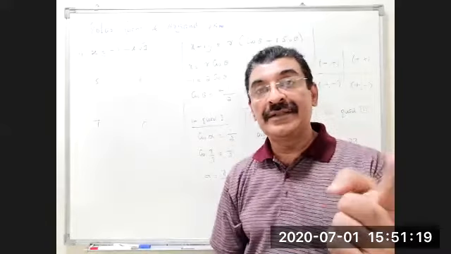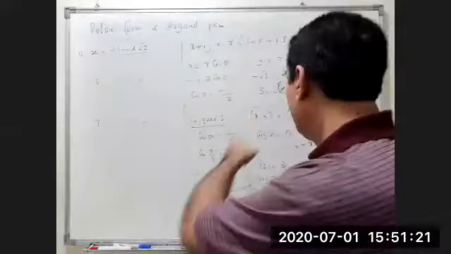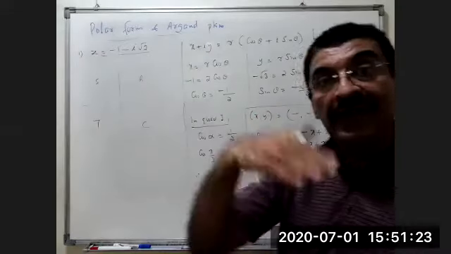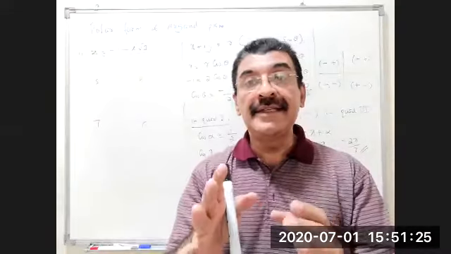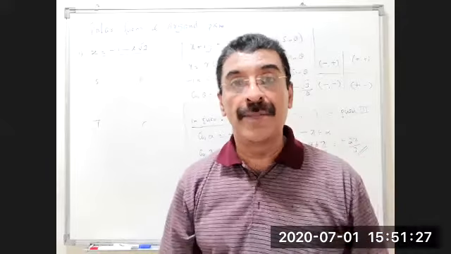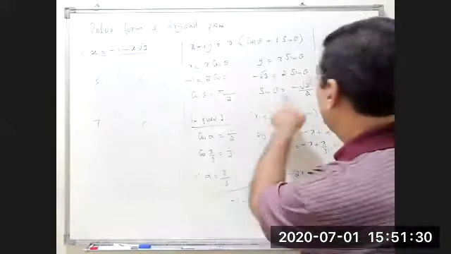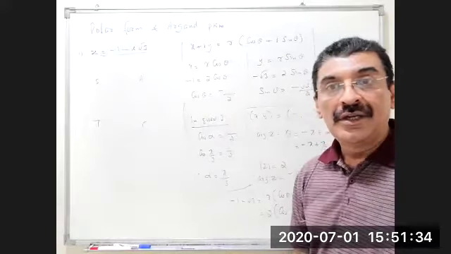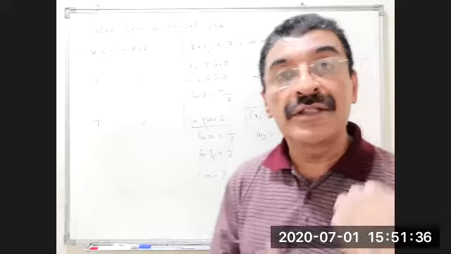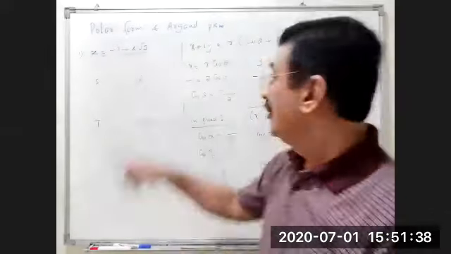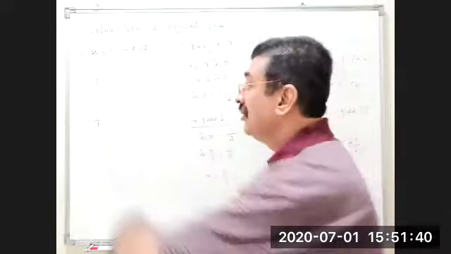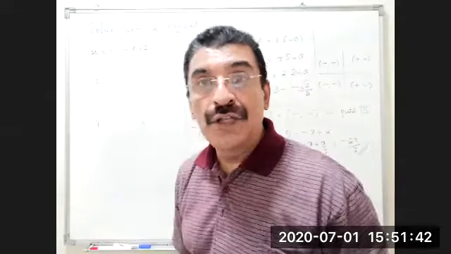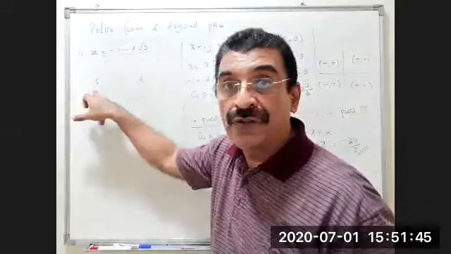Either by seeing the sign of x and y, that is the method we used here. Second method is by seeing the sign of sine and cos. Here, sine is negative, cos is also negative. In which quadrant are both sine and cos negative? In quadrant 1, both are positive. Here, both are not negative. Here, sine is positive.